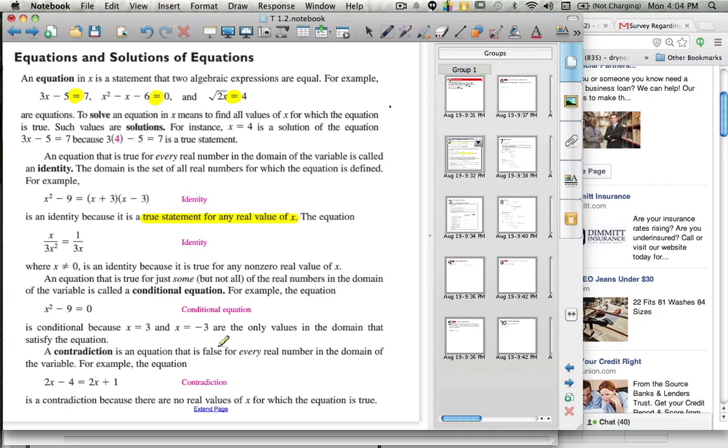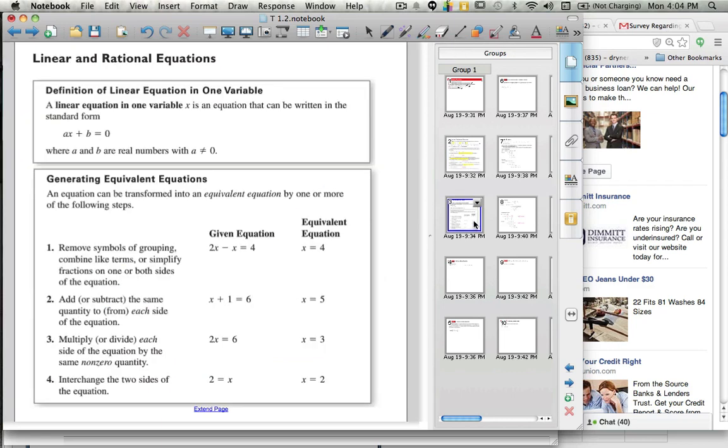And we have contradictions, that are false for every real number. What we tend to work with is conditional equations, but often we're in identity or other types.